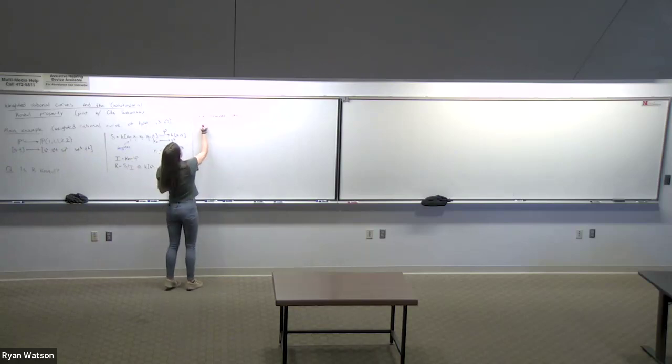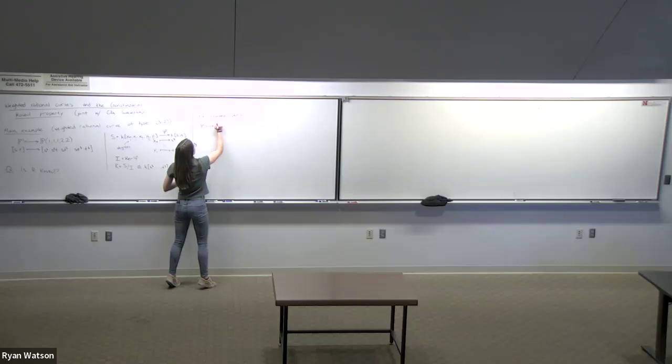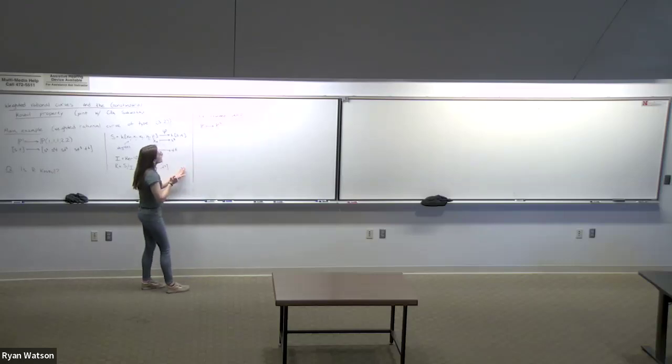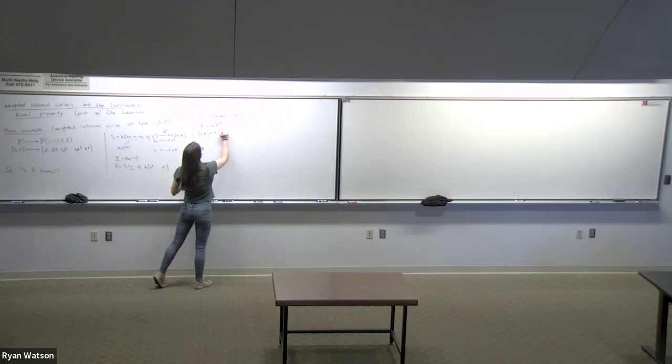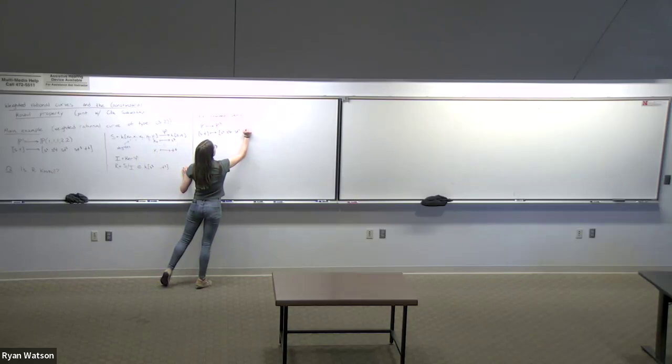Okay, so geometrically, now we're embedding P1 into a usual projective space, P3, and we're taking ST to the point with coordinates s cubed, s squared t, s t squared, and t cubed.